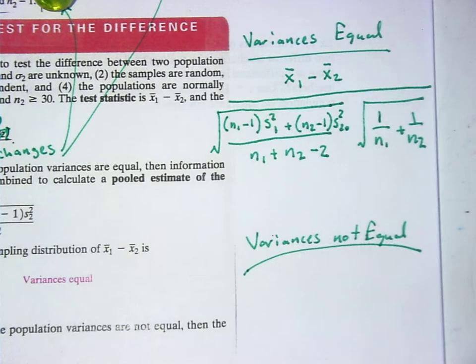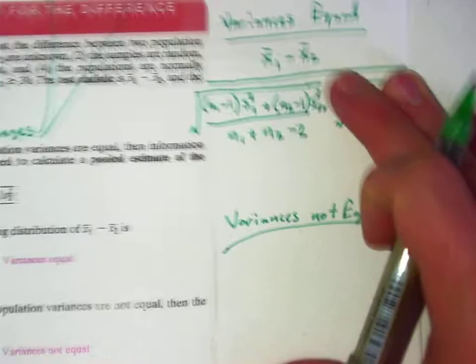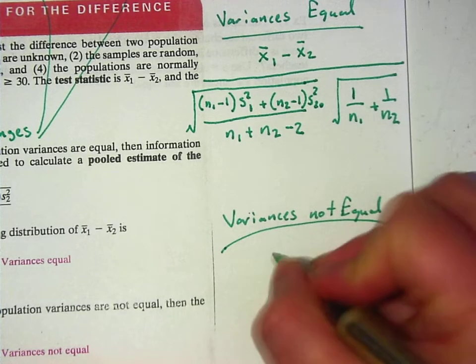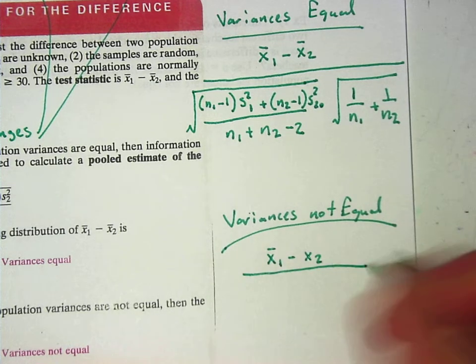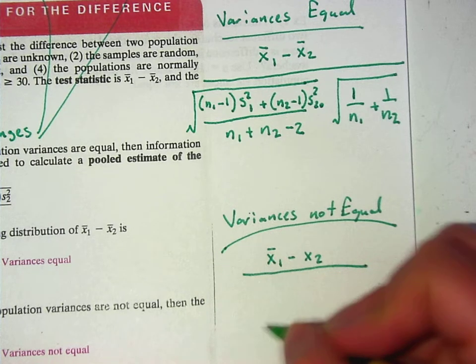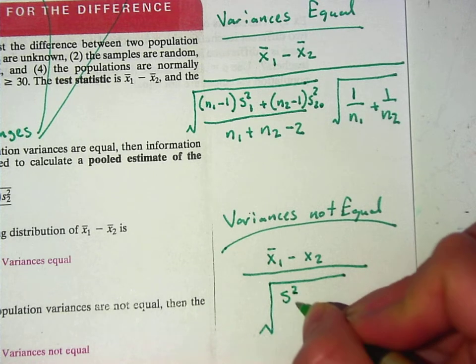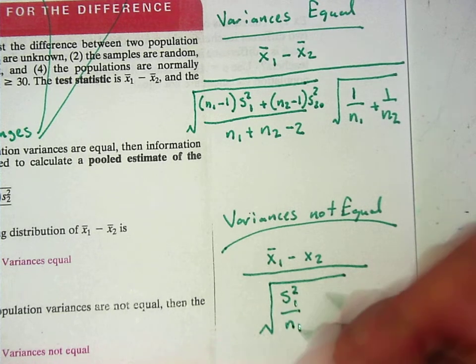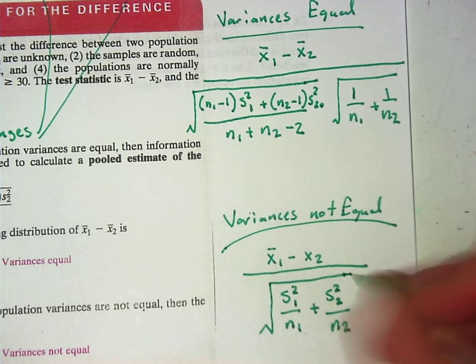If variances are not equal, you use this formula. Same thing on the top, x bar 1 minus x bar 2 over, and on the bottom is just something a little easier, s squared sub 1 divided by n sub 1 plus s squared sub 2 divided by n sub 2.